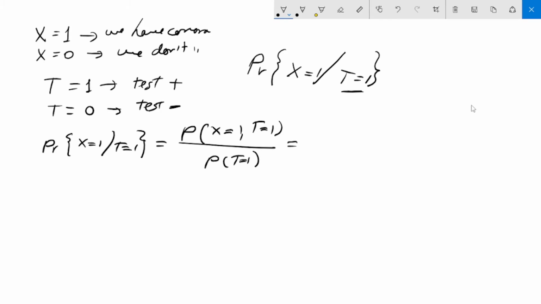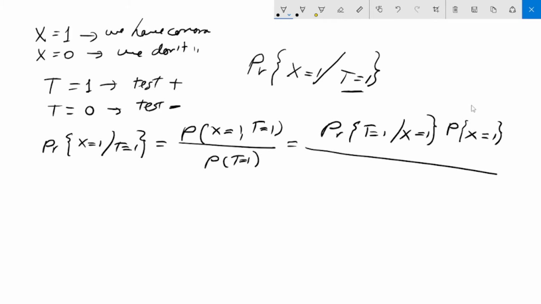We can decompose this: it is going to be the probability of t equal 1 given x equal 1, times the probability of x equal 1, all of this over the probability of t equal 1.